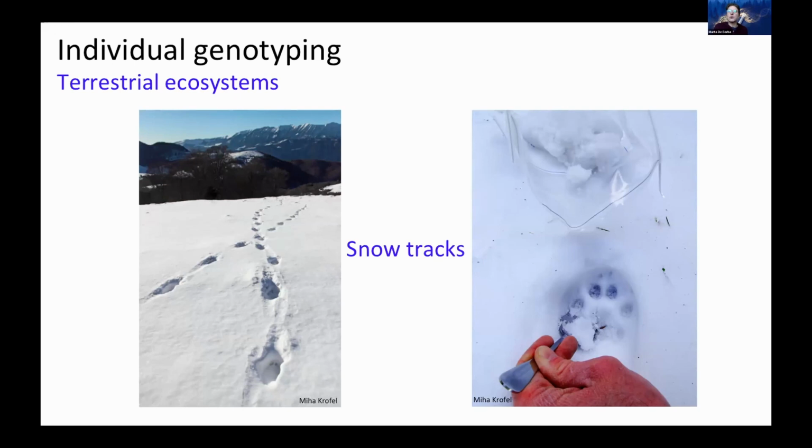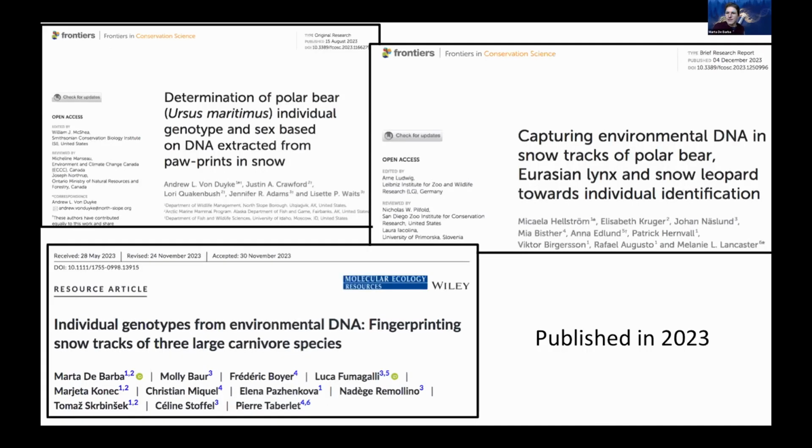But surprisingly, just last year, three different research groups independently, including Melanie's group, who will talk extensively about this after my presentation, and also my group in Ljubljana, were able to arrive at these important achievements.